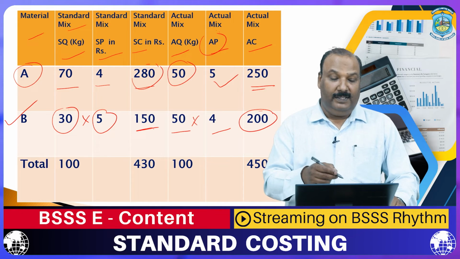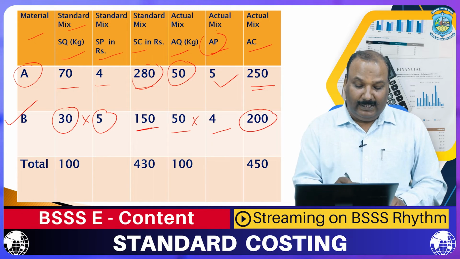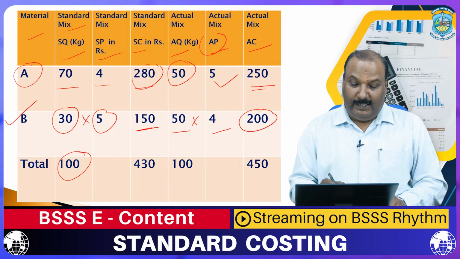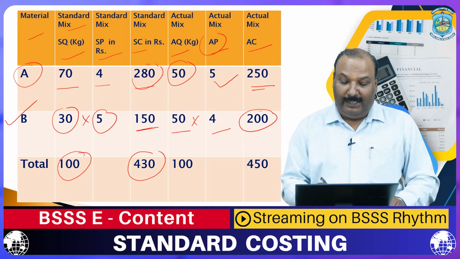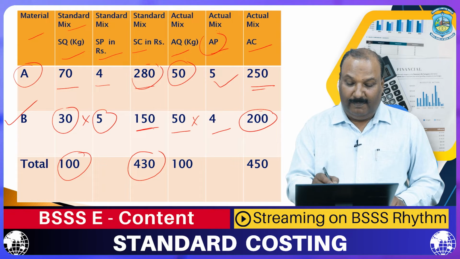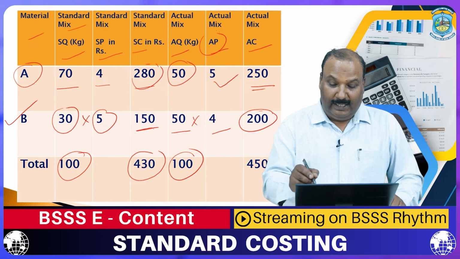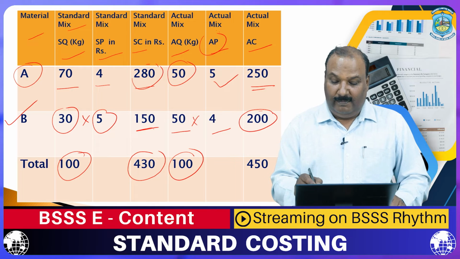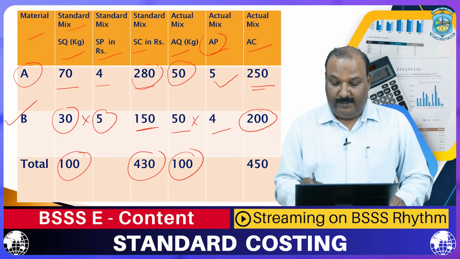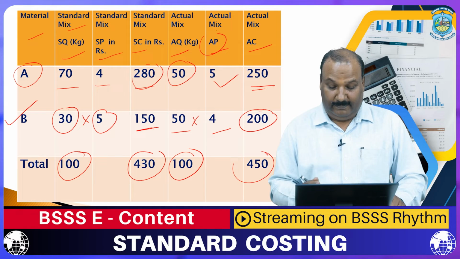Now the total standard quantity for A and B is 100. Total standard cost is 430 rupees, 280 plus 150. Actual quantity 50 for A, 50 for B, that is 100 kilograms. Actual cost is 250 plus 200, the sum of these is 450.